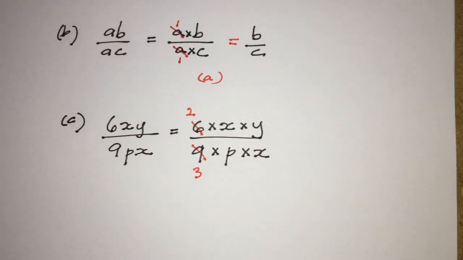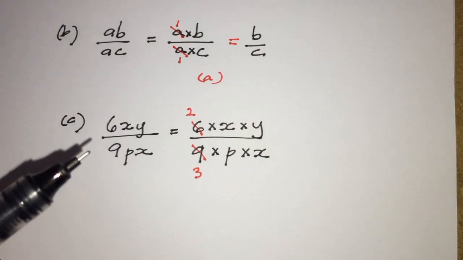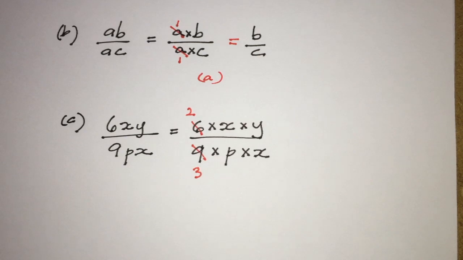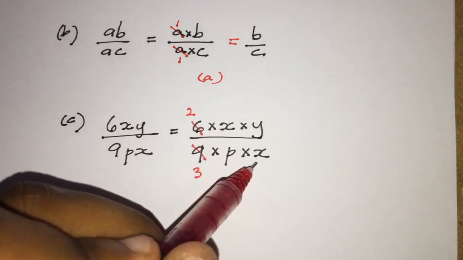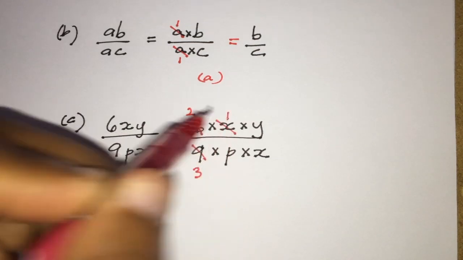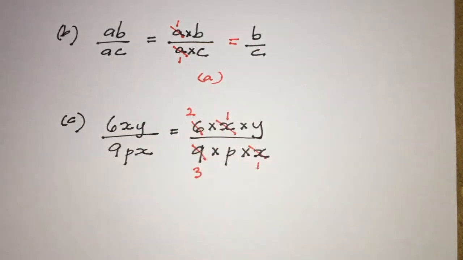Great. Let's look to see what is common between the numerator and the denominator. Here's an x in the numerator, and here's an x in the denominator. So x into x goes 1 time, and x into x goes 1 time.